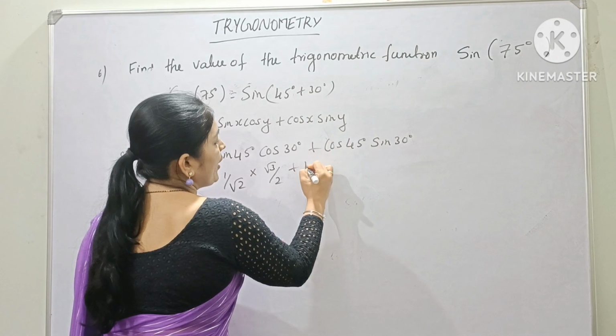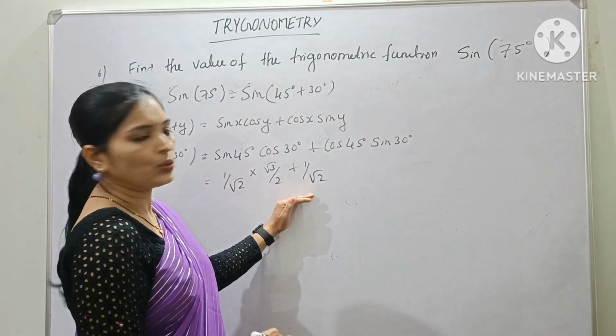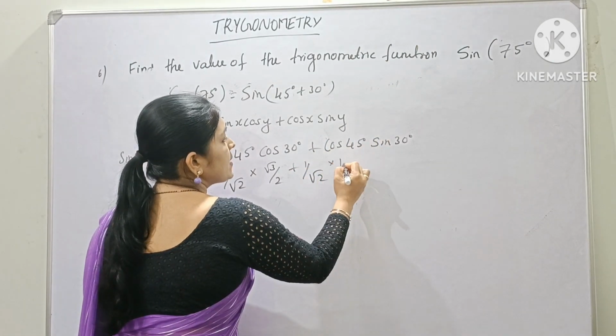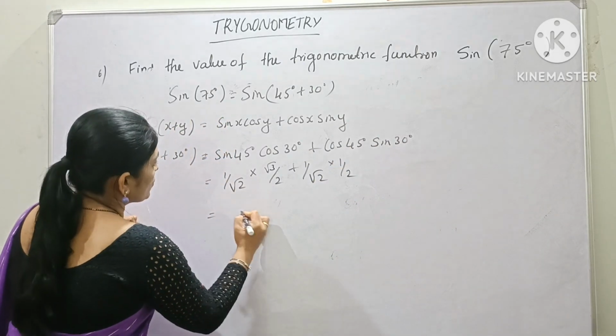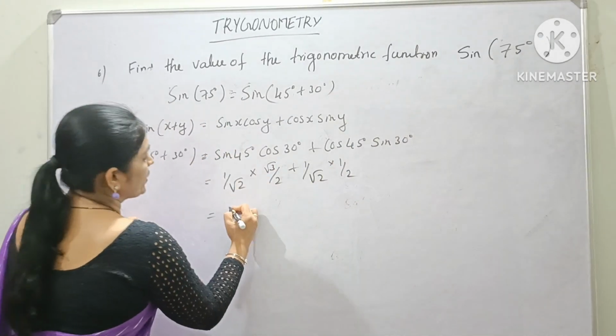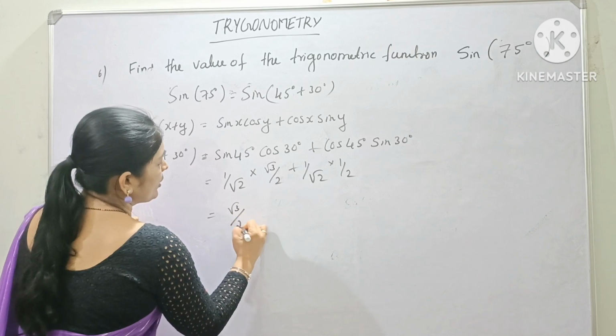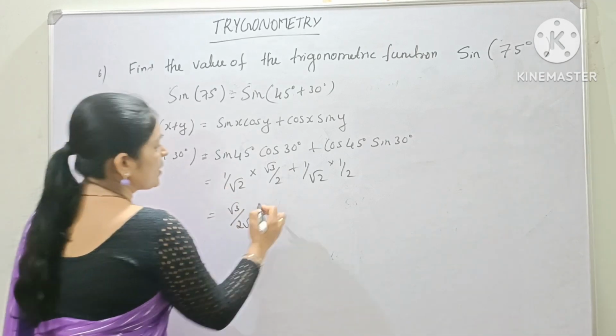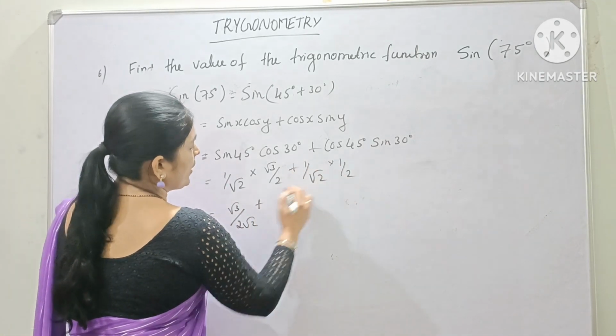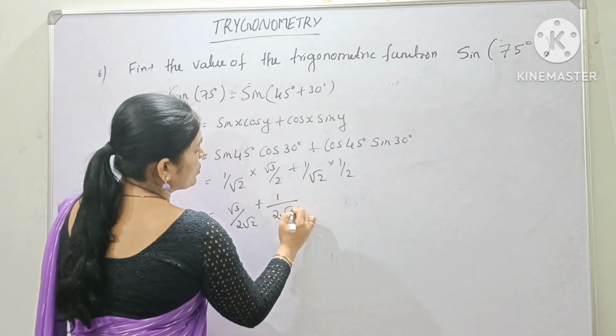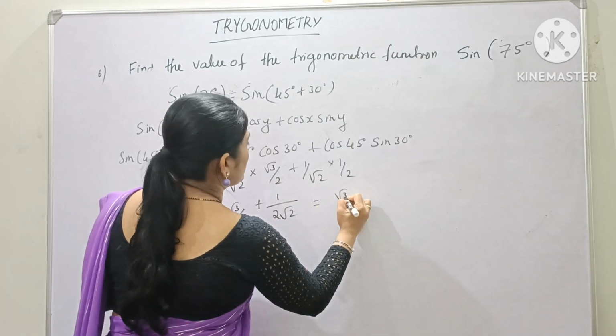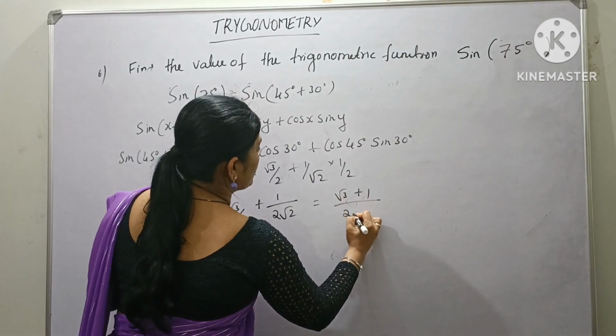Plus cos 45, same 1 by root 2, and sine 30 is 1 by 2. So it is 1 into root 3 divided by 2 root 2, plus 1 into 1 divided by 2 root 2. That is root 3 plus 1 divided by 2 root 2.